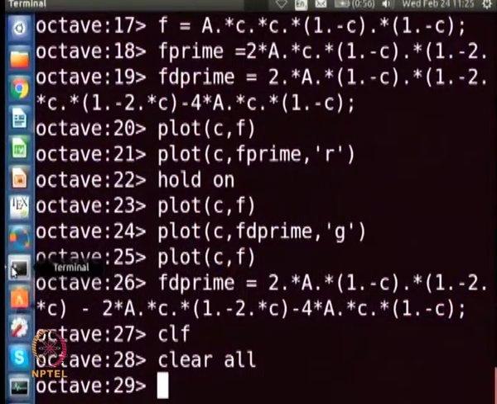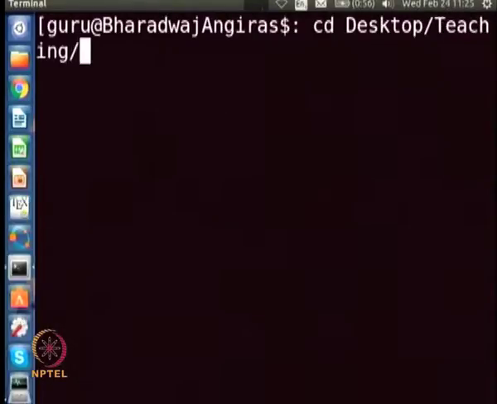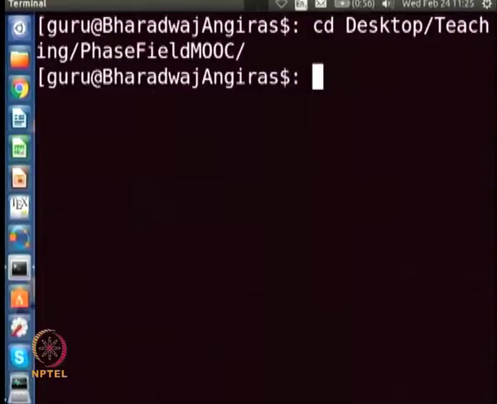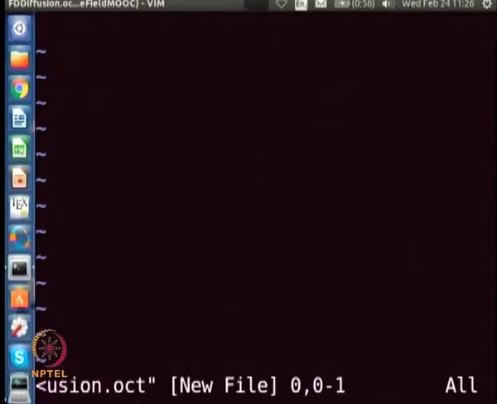This time we are going to write it using scripts. I am going to make finite difference diffusion dot oct. So, that is the file. I am going to generate a script.